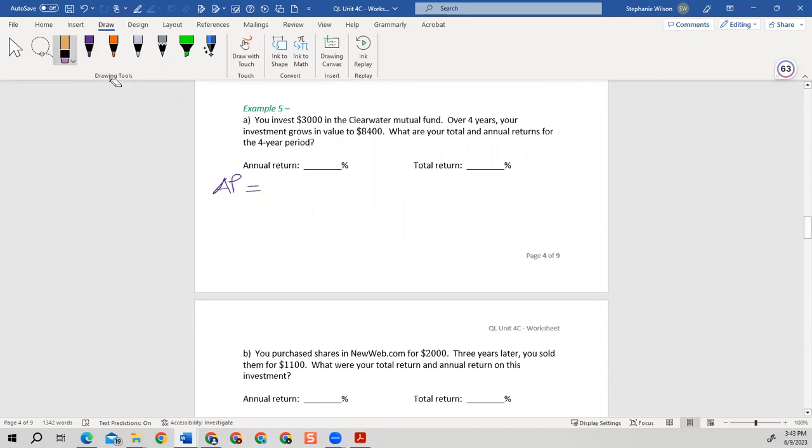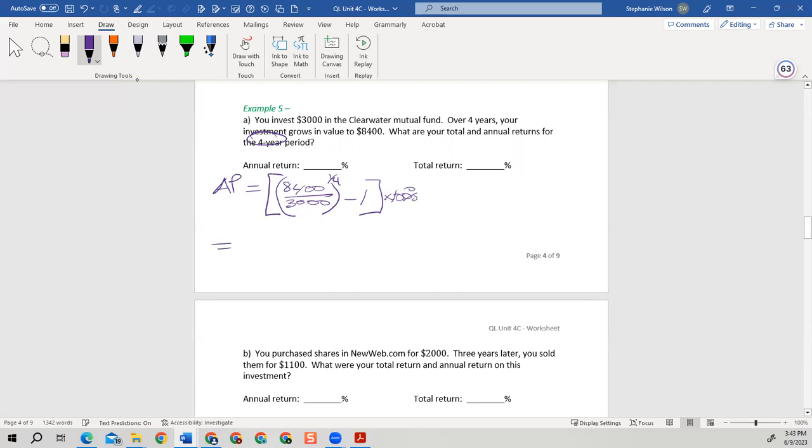My writing kind of got a little sloppy. All right. We're going to raise this to the 1/4, right? It's 1 per year, 4 years. And we're going to subtract 1. And then we're going to multiply it by 100%.